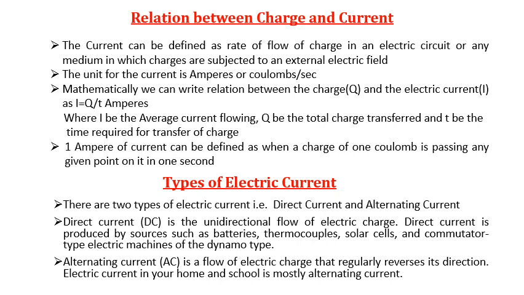Alternating current is the flow of electric charge which regularly reverses its direction at regular intervals of time. The electric current in your home and school is mostly alternating current.